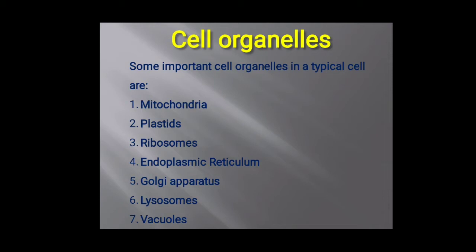They are mitochondria, plastids, ribosomes, endoplasmic reticulum, Golgi apparatus, lysosomes, vacuoles. All these cell organelles are very important and carry out very crucial functions inside the cell. Now let us know in detail about each and every cell organelle.